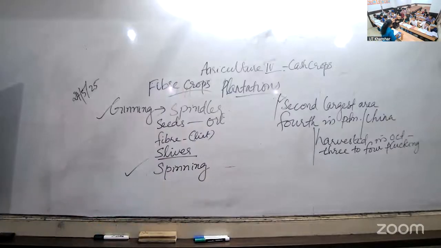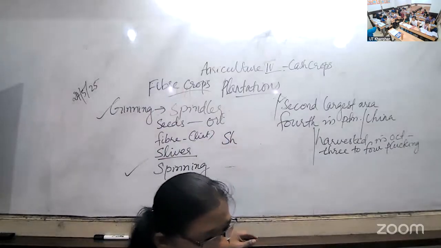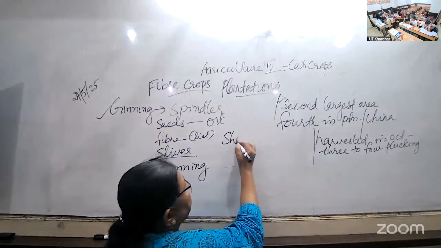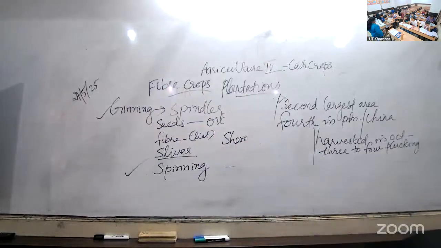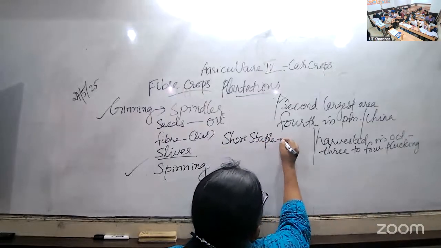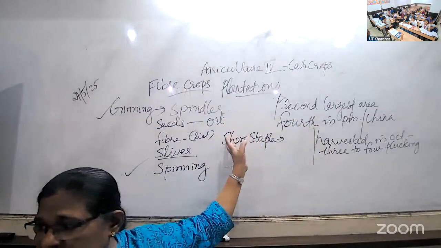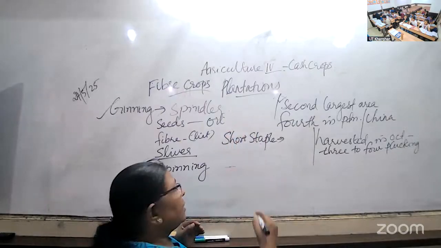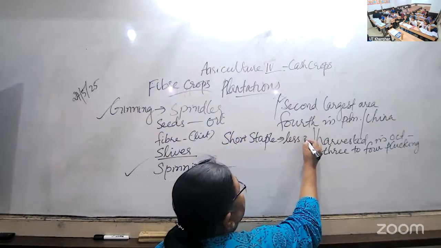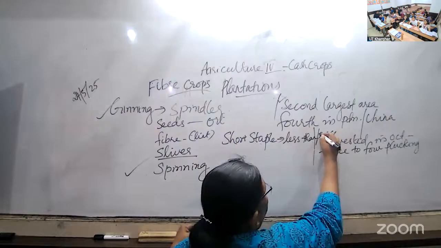Now, which are the types of cotton? There are 3 varieties of cotton. Can you tell which are the varieties of cotton? Short staple. What is the length of that cotton? Short staple is less than 2.2 centimeters.